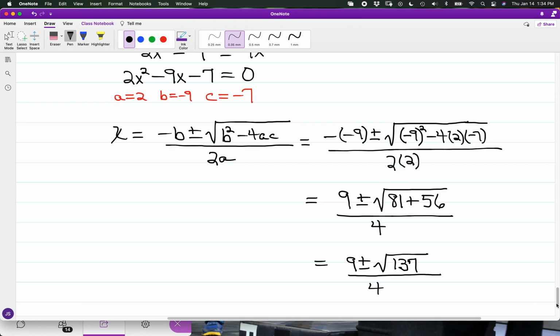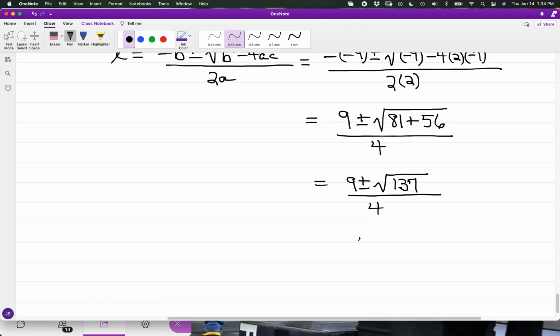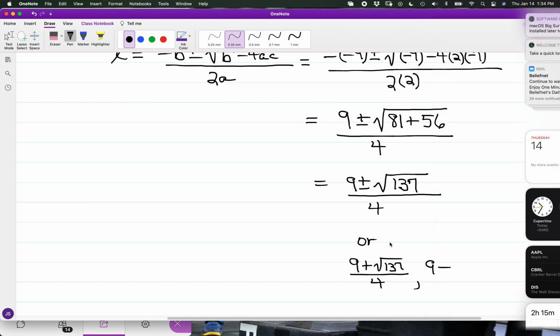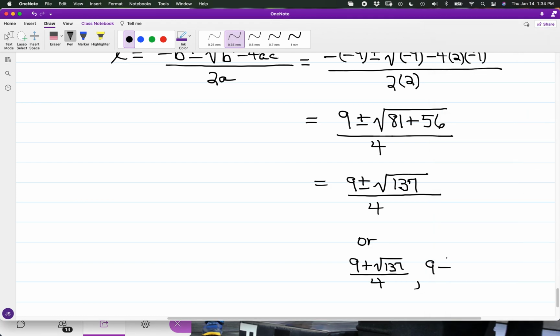Okay, and so we have 9 plus or minus the square root of 137 over 4. And if you itemize, we have 9 plus as well as 9 minus: 9 plus the square root of 137 over 4, as well as 9 minus the square root of 137, also over 4.